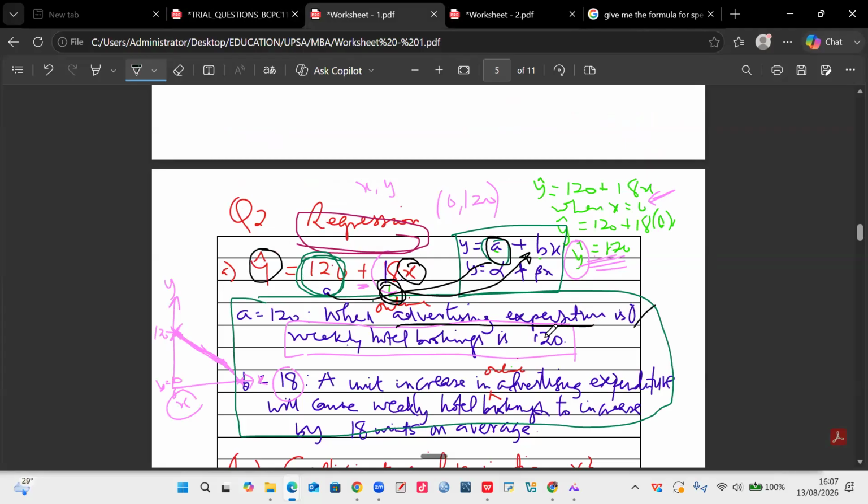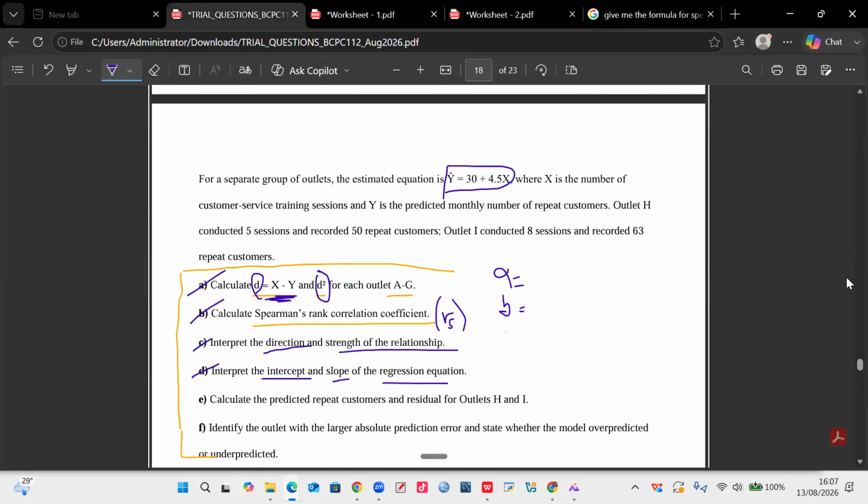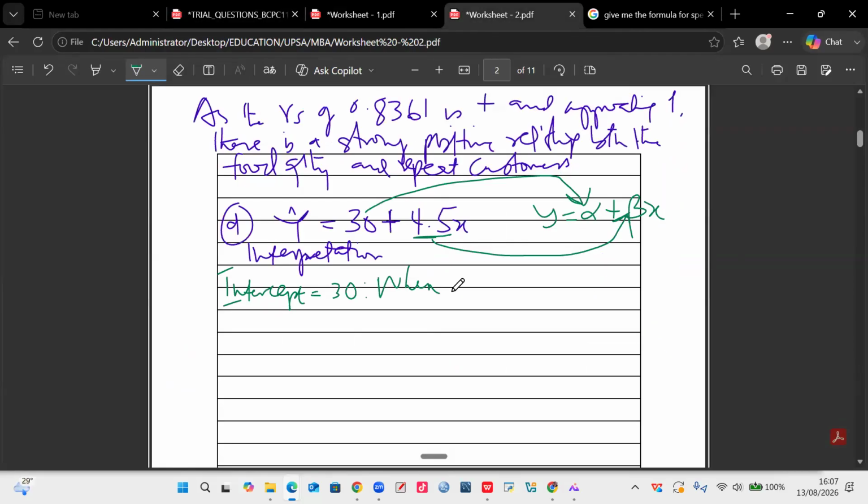Y is 120. So what does the Y stand for? What does the X stand for? Y stands for repeat customer. X stands for food quality. When we find the intercept, it means make X equal to 0.